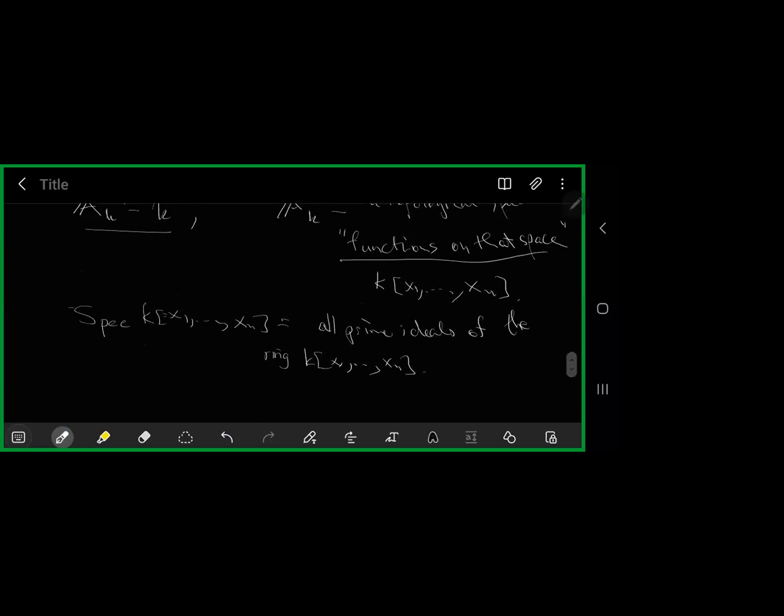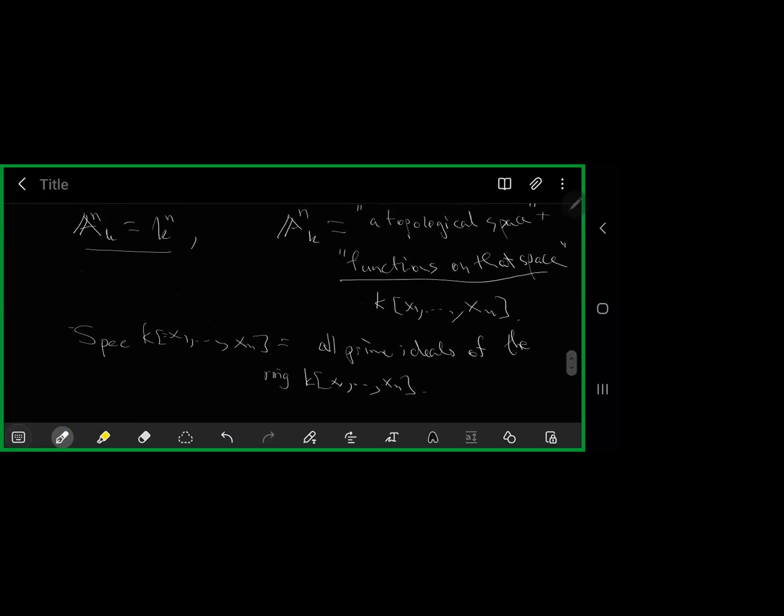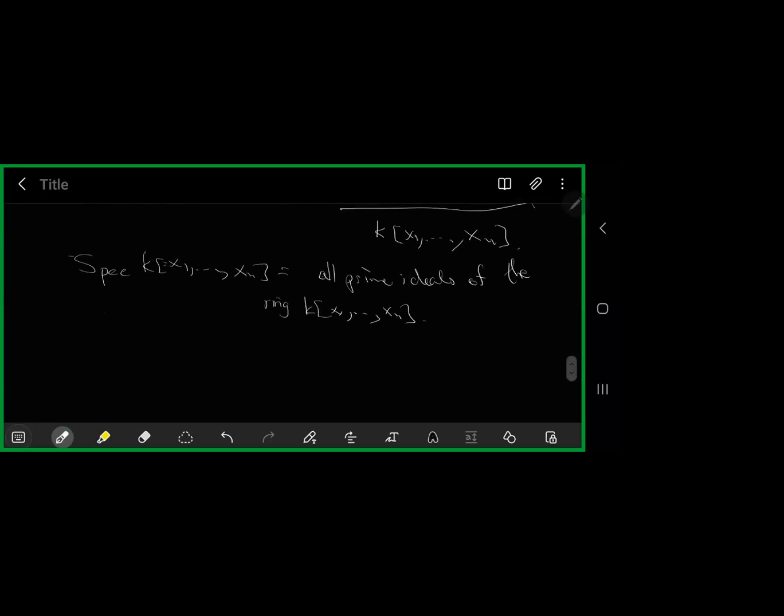We can do the same definition for any kind of ring. So if you give me a ring, I can remember that as functions on my space, and then I can take Spec of that ring to be all prime ideals of the ring. And the modern definition of an affine scheme is the pair of all the prime ideals Spec R and the ring R. And what's the topology on Spec R?